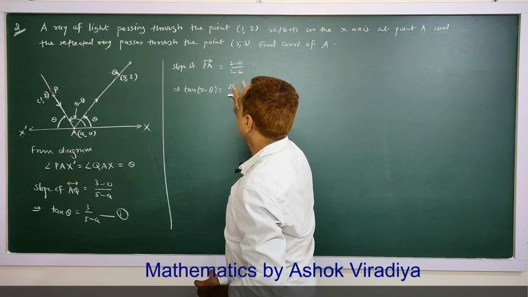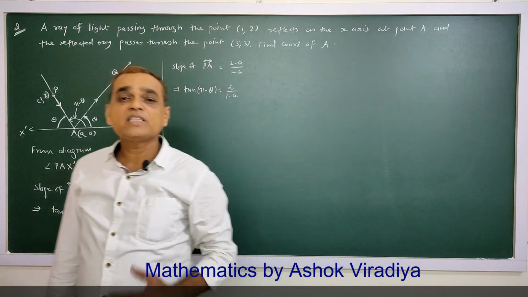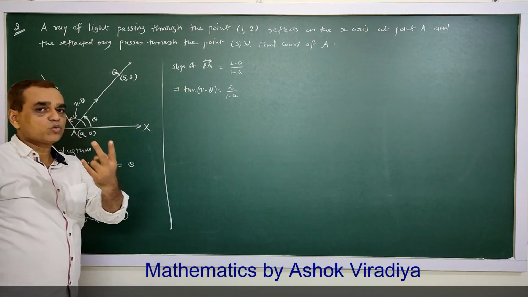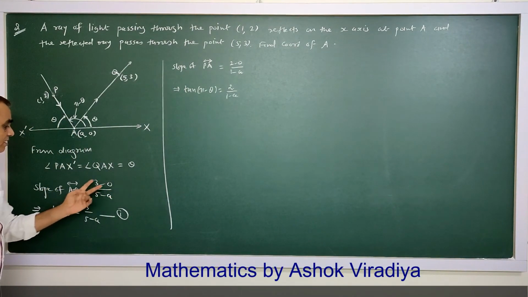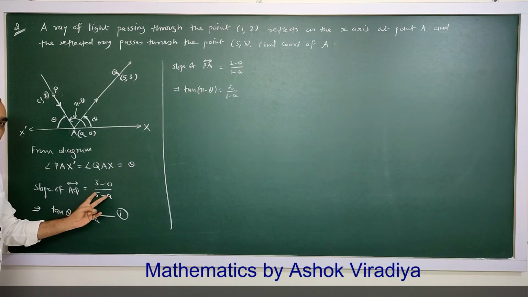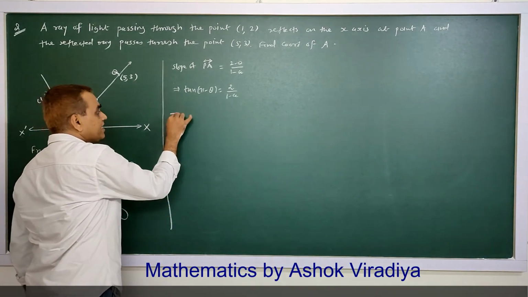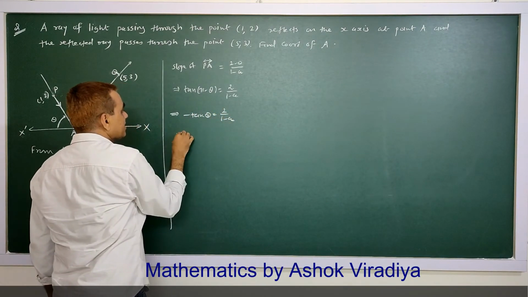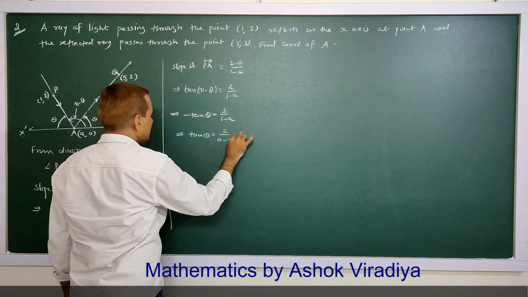So in this question we are applying 2 methods to calculate slope: on the right hand side we use 2 points, and here we use the tangent of the inclination. So tan of pi minus theta, which is minus tan theta, equals 2 upon 1 minus a. So tan theta is 2 upon a minus 1. This is result 2.